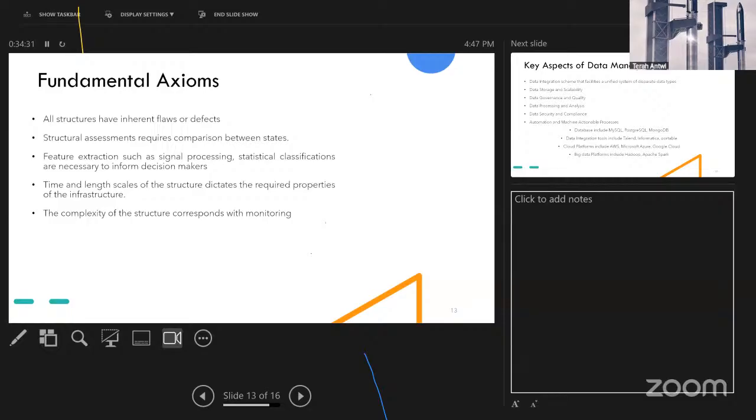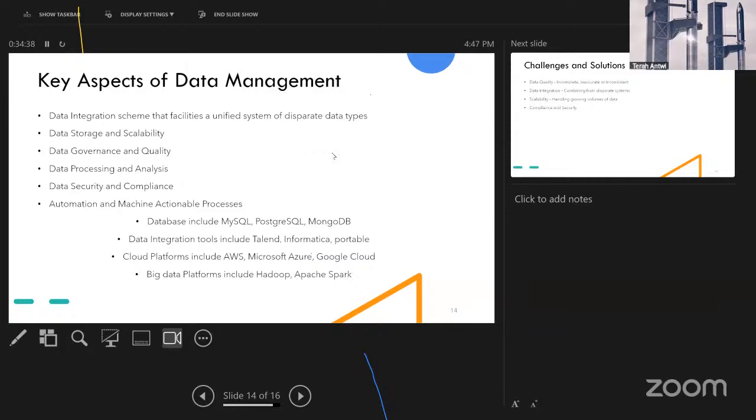Yes, this will be it for the fundamental axioms. We can now dive into key aspects of data management. So I mentioned we can never have one sensor do it all. So when it comes to infrastructure mapping, we use different sources to help us get a comprehensive mapping.